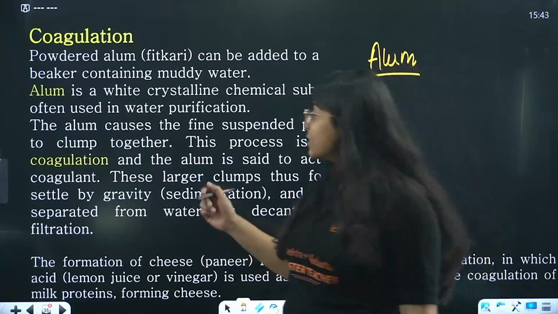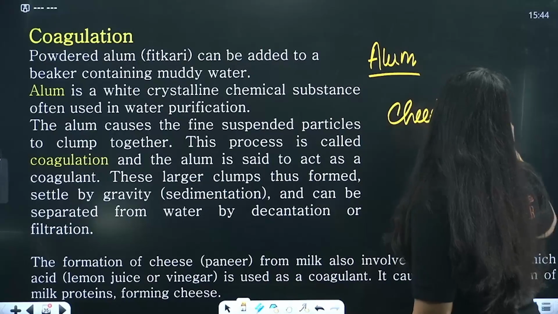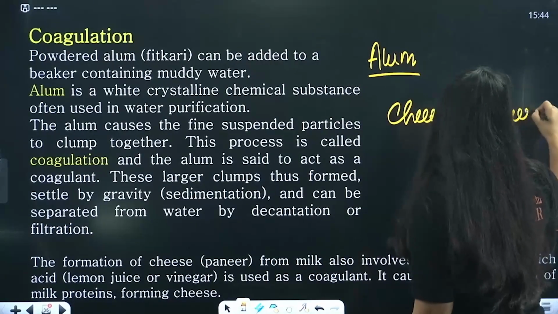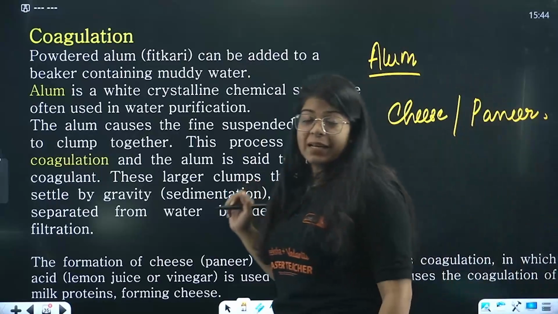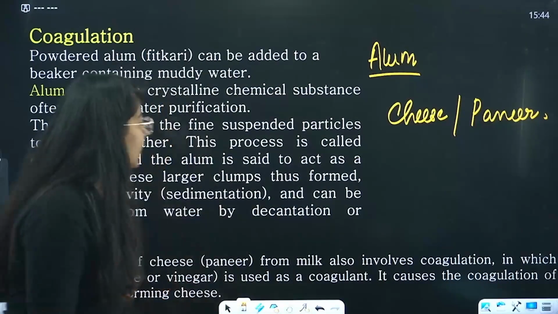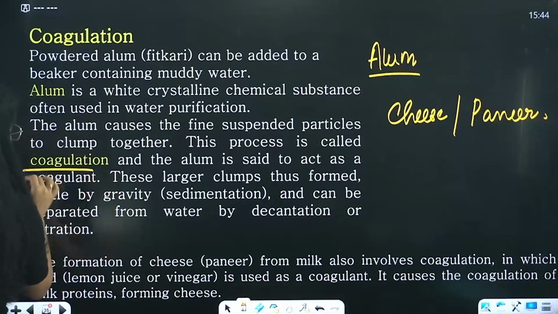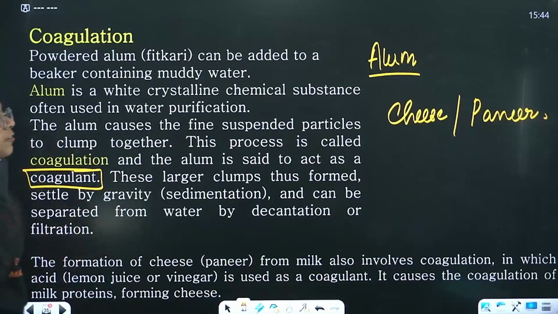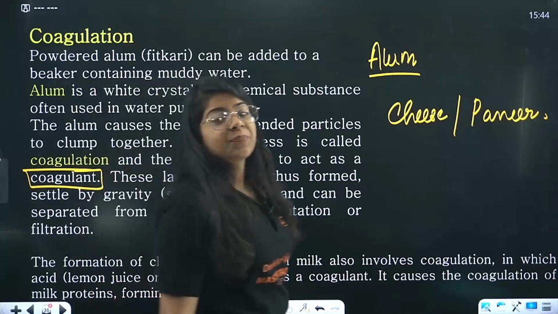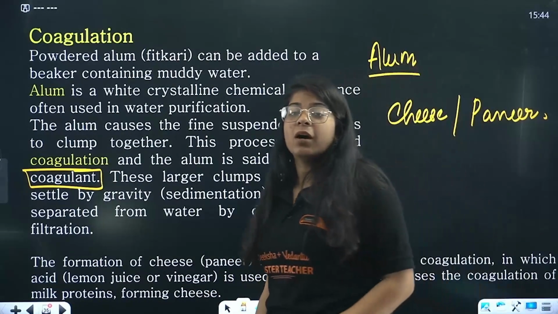This is also what we use to make cheese at home, or paneer. What do we do? We add lemon juice in the milk, right? The lemon juice acts as a coagulant. Why? Because it has a coagulation effect on the milk.